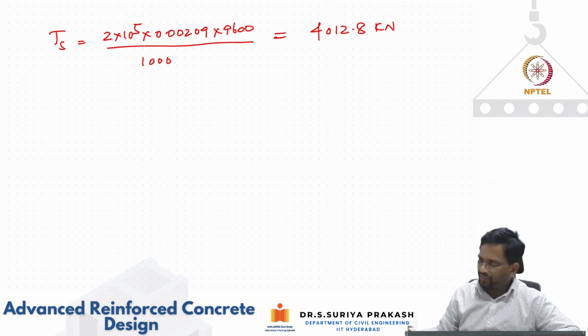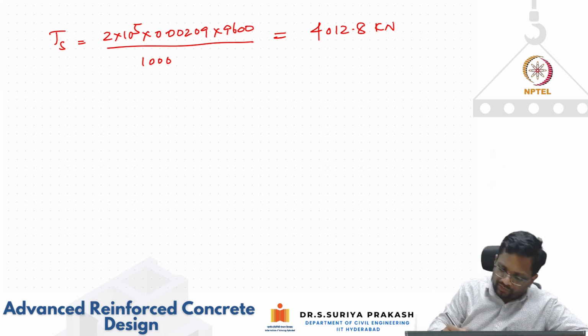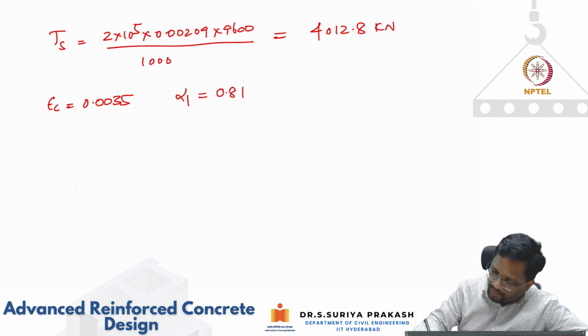Okay. Similarly, we can calculate the compression force as well. So what is the compression force that you'll get? Again, for epsilon c equal to 0.0035, we know that alpha 1 is 0.81 and beta 1 is 0.90.